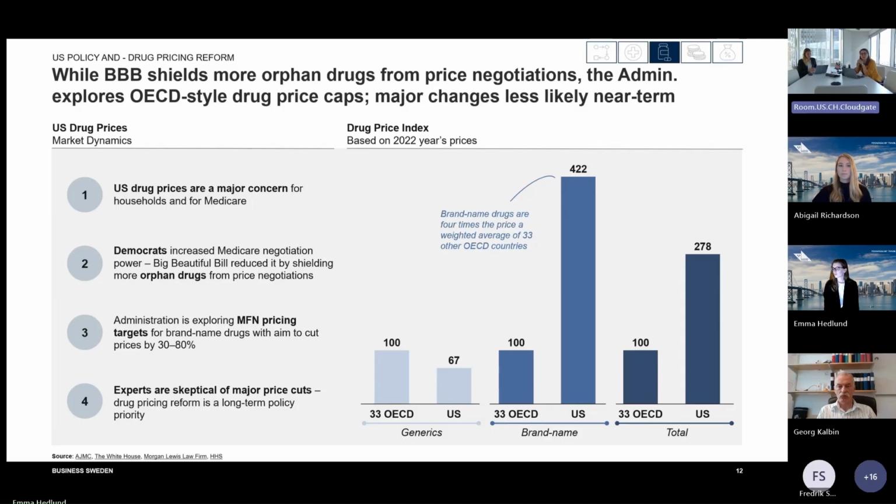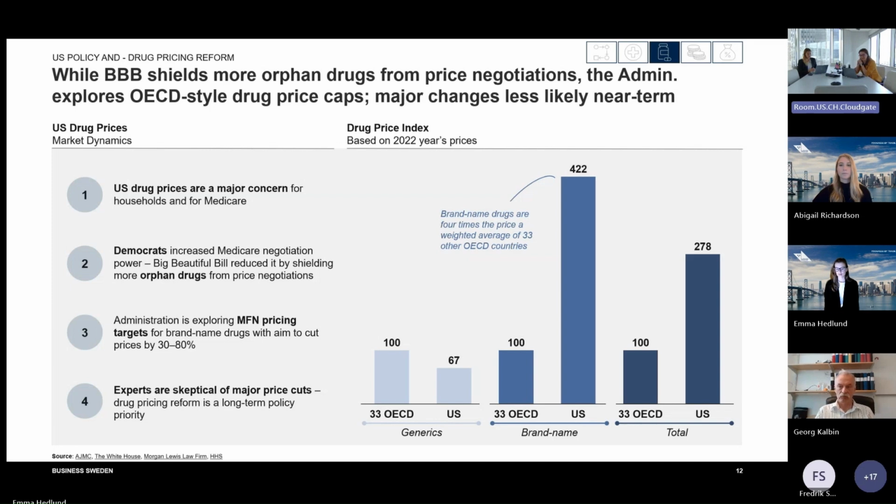We see early signs that some pharma companies are reducing prices, but for this large extent that's targeted by the administration, there's also some skepticism by other experts whether that is realistic. But that's what we're currently looking at here. It's also talked about as a long-term strategy, because in the near term, it can be a little bit challenging to get that through.